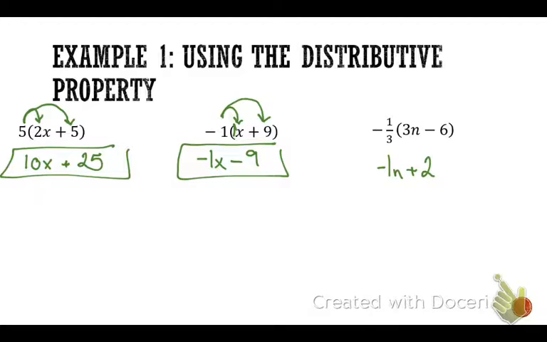Does everybody understand why that was +2? Because 1 times 6 is 6, divided by 3 was 2. I had 2 negatives, so that's a positive. You say, where do my negatives go? When you multiply a negative times a negative, two negatives turn into a positive. So that's why I had plus 2.